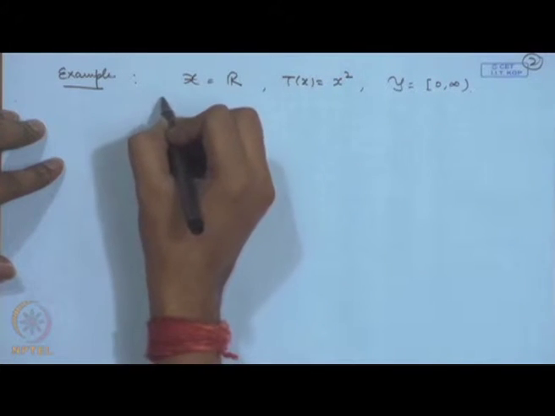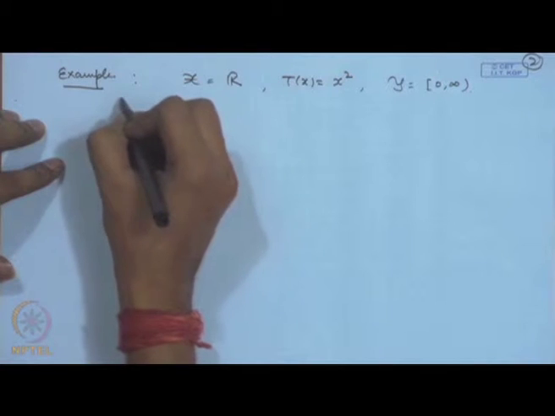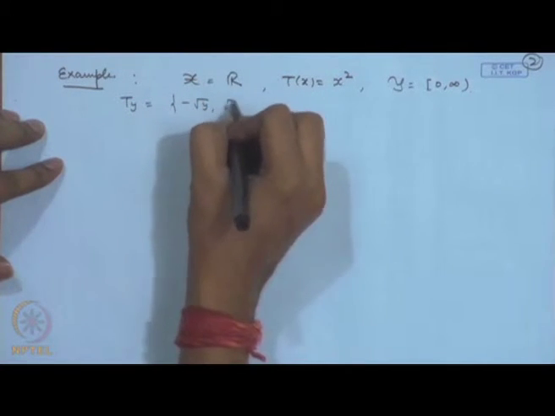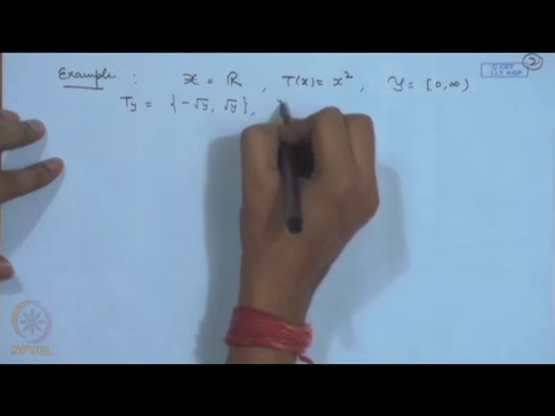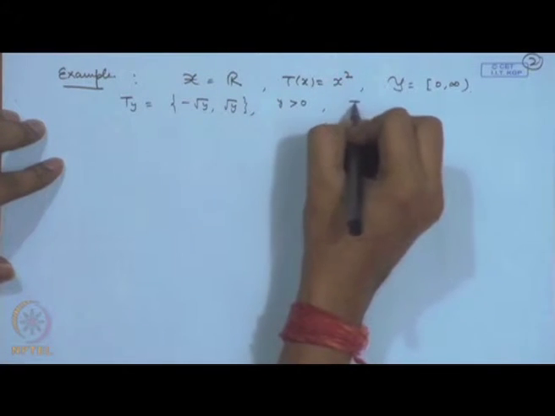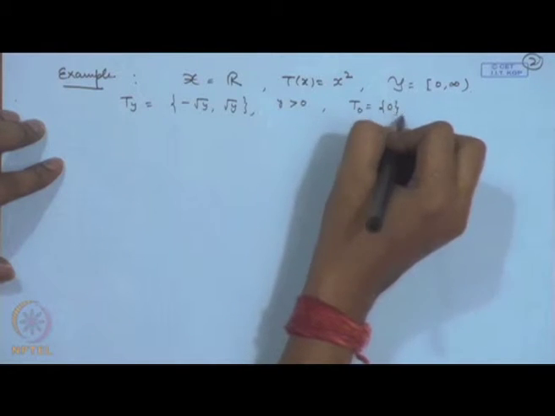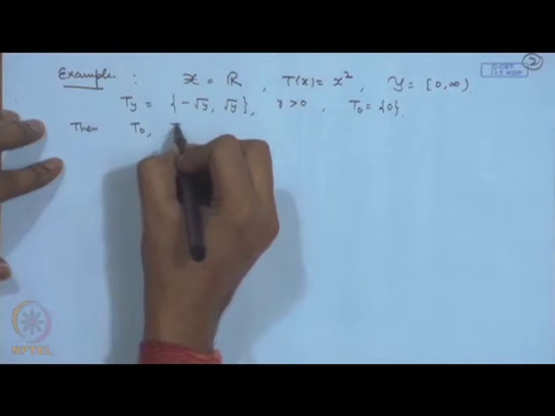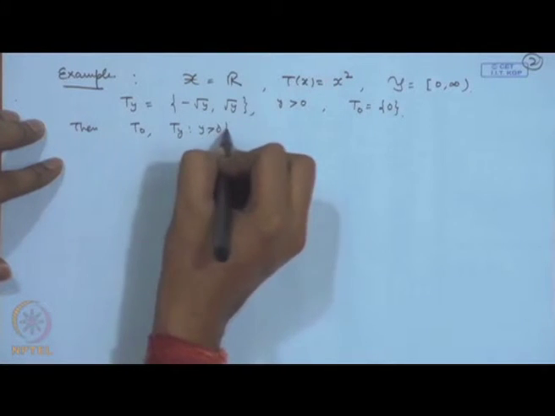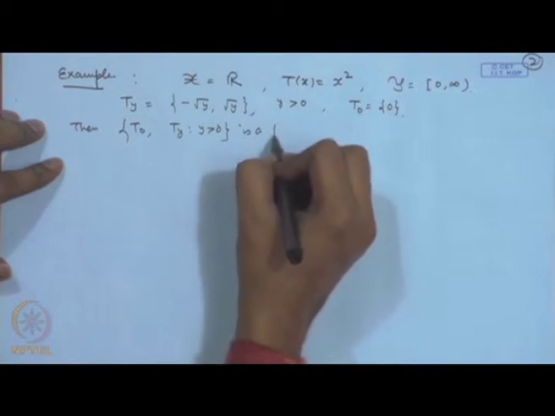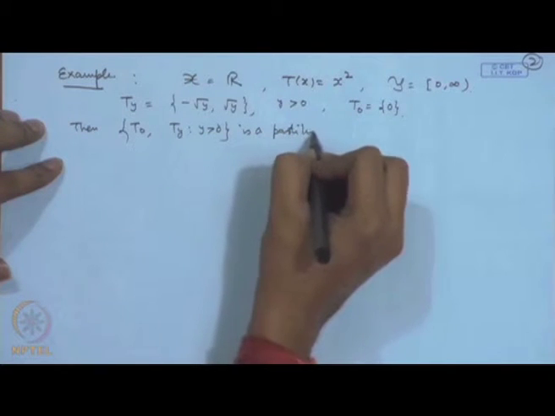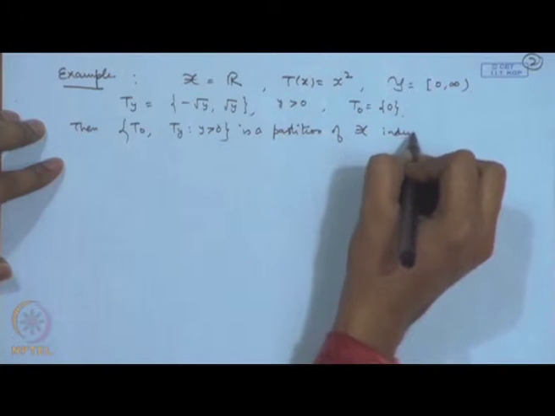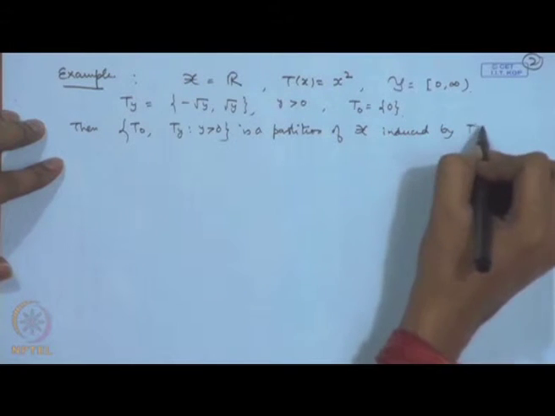Then if you consider A_y, it will be equal to minus root y and plus root y for all y greater than 0, and A_0 is of course just 0. Then A_0 and A_y for y greater than 0, this is a partition of X induced by T(x).